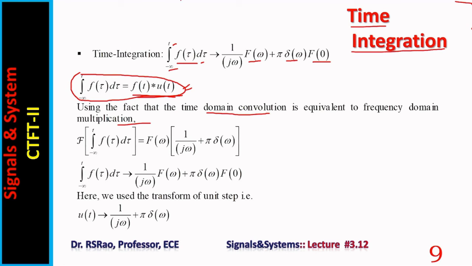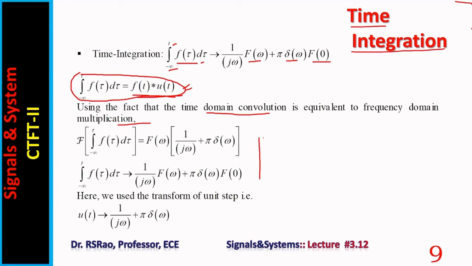It results in the Fourier transform of the integral from minus infinity to t of f(τ) dτ becoming equal to F(ω) times (1/(jω) plus π δ(ω)). Therefore, it becomes equal to 1/(jω) F(ω) plus π δ(ω) F(0).